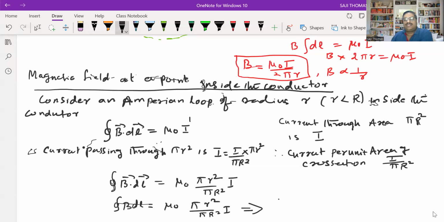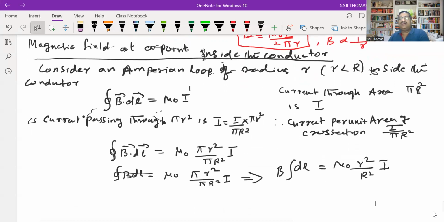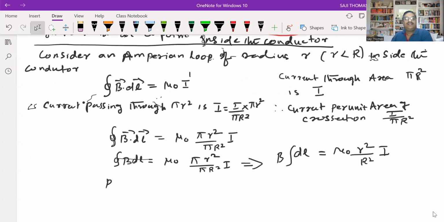Now B is constant. B into integral dl will be equal to mu 0 pi cancel, r square by R square into I. And you already know integral dl is 2 pi r, the circumference.